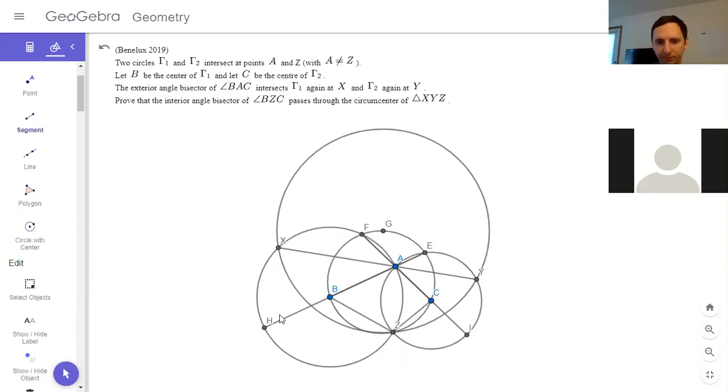So I'm thinking about how to show XF and G are collinear. So angle AXF is AHF, maybe that would help, which is 90 minus FAH.